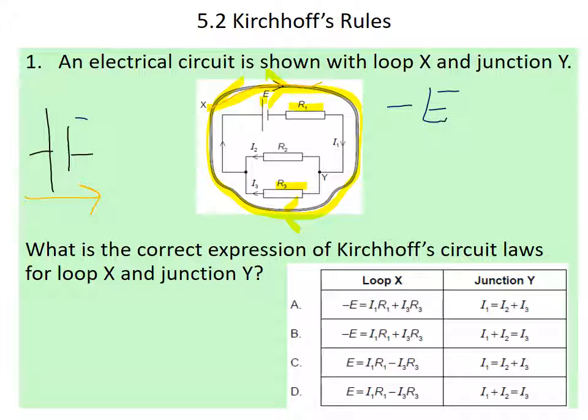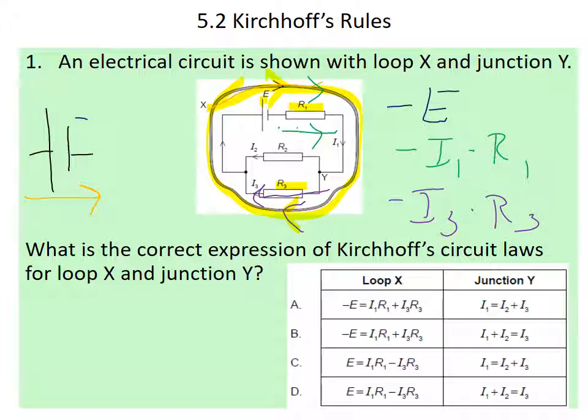For R1, it's different. It's a resistor, so we look at not only the direction of the loop, but also the direction of current. Because the loop and the current point in the same direction, the voltage across R1 is negative in our loop equation, so that's negative I1 times R1. And then R3: the loop points in this direction, the current I3 goes like that, so that is negative I3 R3.